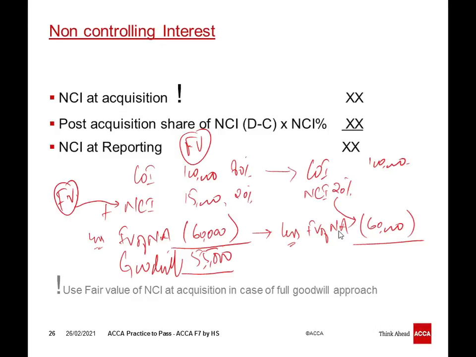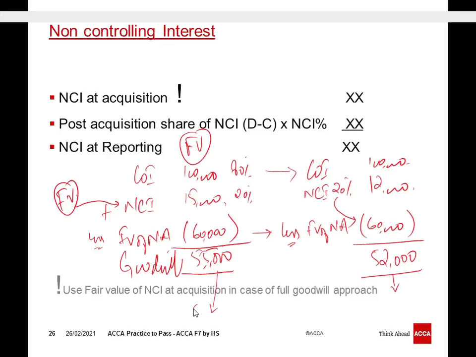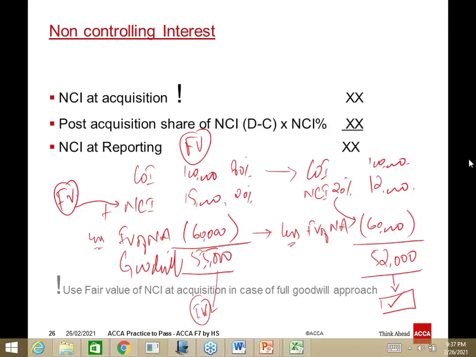So when you take 20% of 60,000, it will be 12,000. So in this situation, the goodwill will be 52,000. Usually the examiner asks for the fair value approach, but in some cases the examiner might ask you to calculate the goodwill on the proportionate approach.